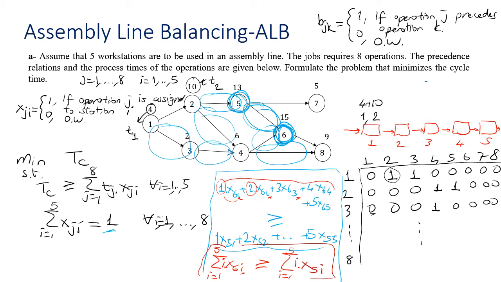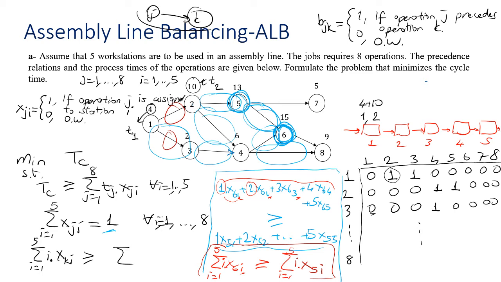But still it is not in compact form because I need to repeat this between 1 and 2, 1 and 3, 1 and 4, and so on. So if I convert this into this form and just say summation I from 1 to 5, I times xki, it is actually just an index, but not that important. But let me write it in this way. Xki will be greater than or equal to. So I'm considering two tasks for which j precedes k.